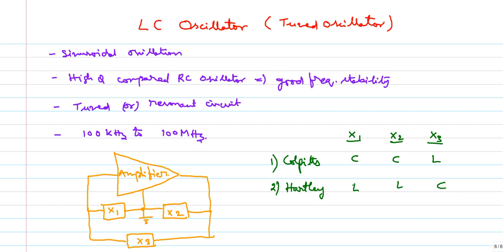Now let's move on to the transistor Colpitts oscillator. The diagram shown is an op-amp based oscillator, but in a similar fashion we can go ahead with the transistor based Colpitts oscillator. Here we will discuss only the transistor based Colpitts oscillator.